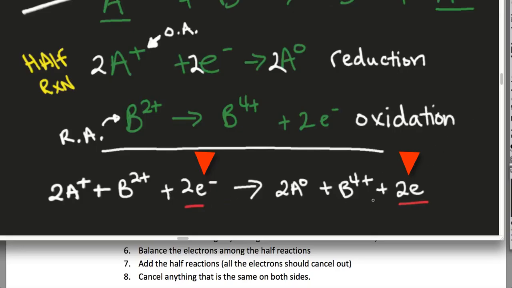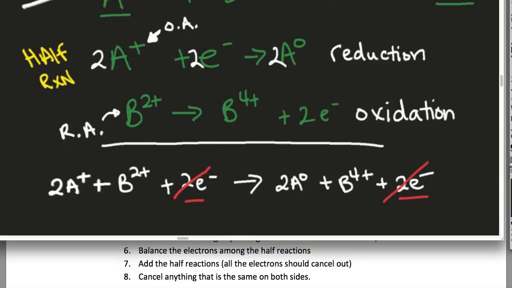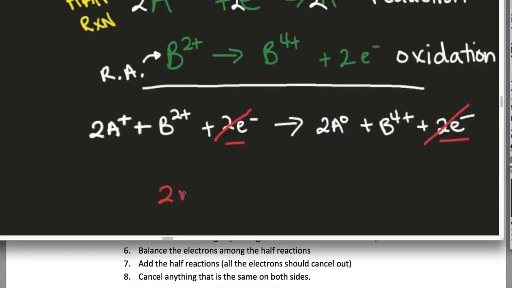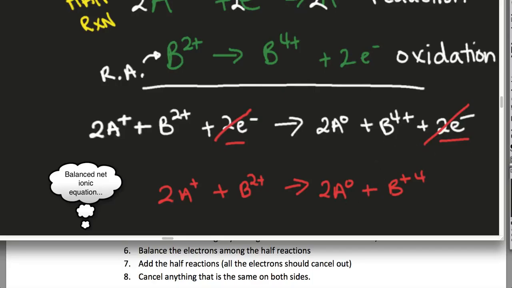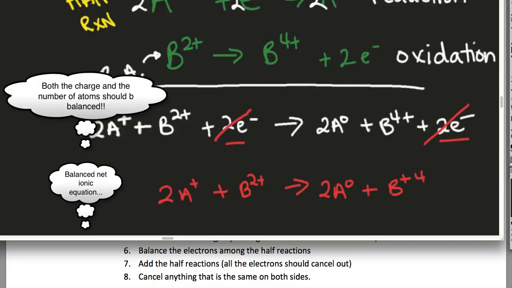If they're not the same number, what you need to do is recheck your work. You probably did something incorrectly, and you can then literally cancel these electrons to get this net ionic equation here. And it's balanced. Okay? So I hope this has cleared up the basics of the ion-electron method.